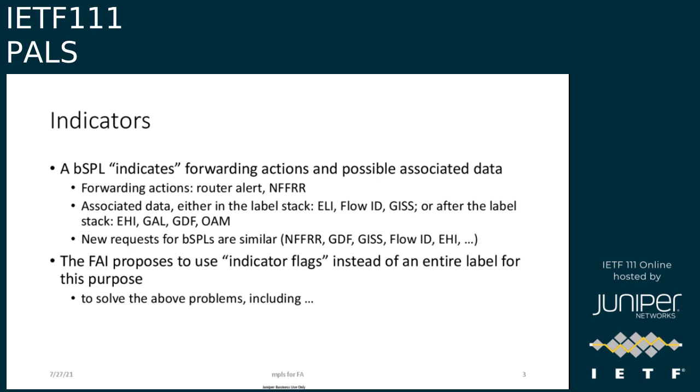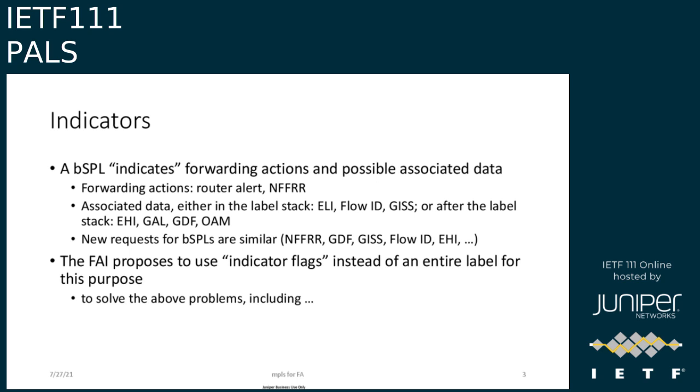So essentially what a base special purpose label, or otherwise, does is indicate forwarding actions and sometimes associated data. For the forwarding actions, you have router alert or the no further fast reroute, which is still a draft, but they basically say, take the following action in the forwarding path.